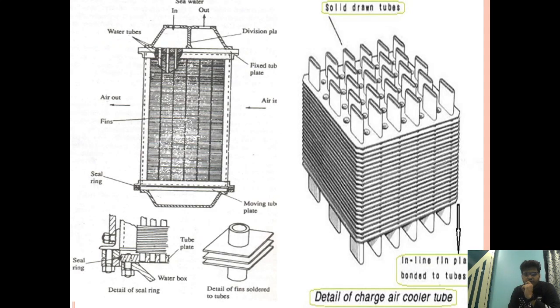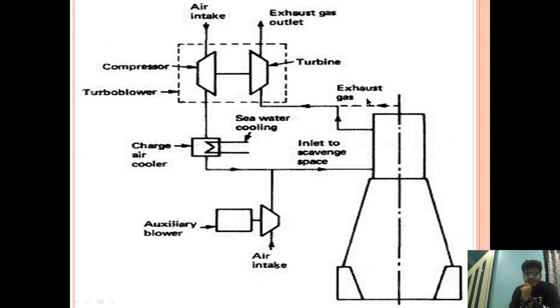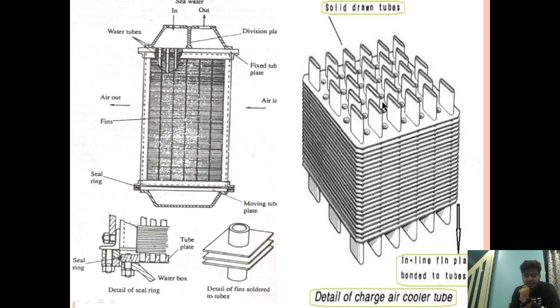So let me tell you first, this is the construction of an air cooler. As you can see, this is the air cooler, and now we're going to see the expanded view of it. The cooling water is coming from here. The first thing I want to tell you is that the air cooler design is of the fin type.